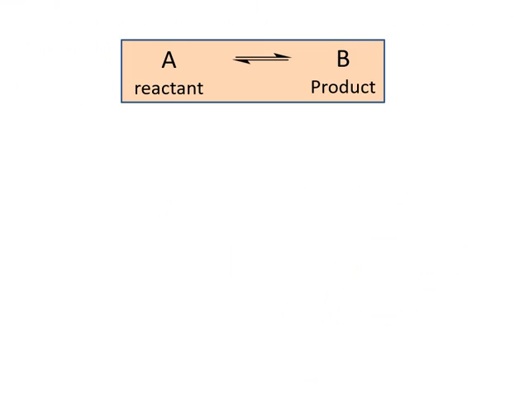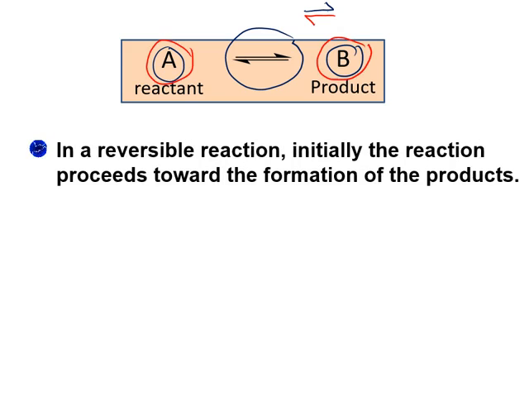So, ini contoh penggunaan reversible arrow. Forward arrow refers to A producing B, while reverse arrow shows B producing A. So, in a reversible reaction, initially the reaction proceeds toward the formation of the product.